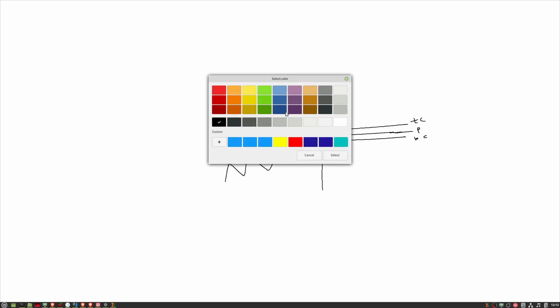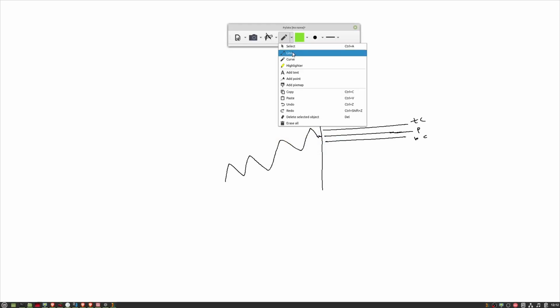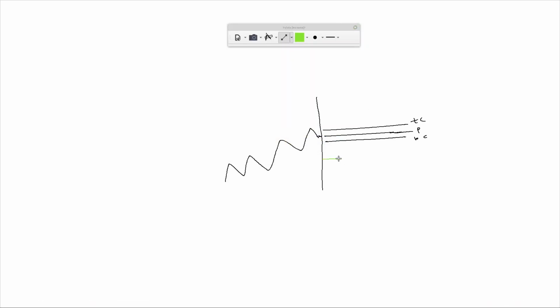Now for support and resistance, what we do is we basically have these lines of S1, S2, S3.